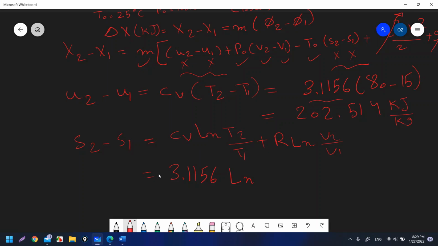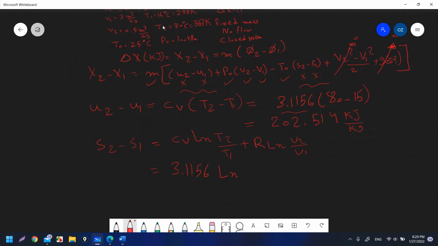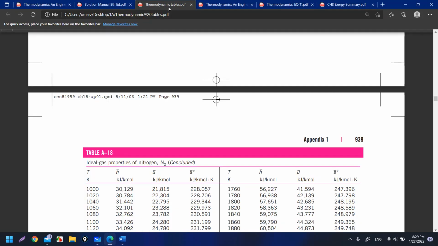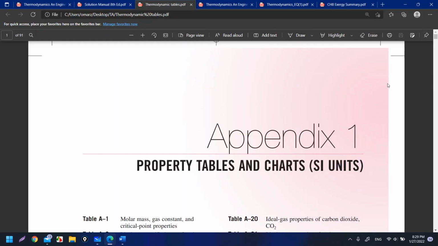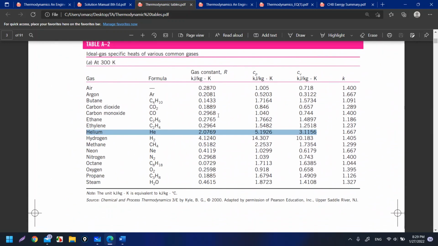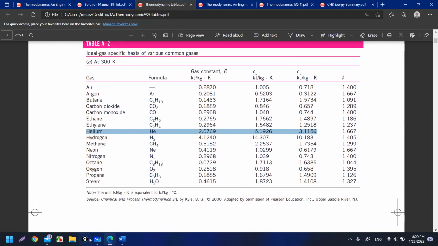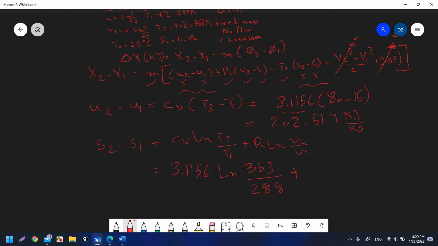Now it is not a difference, so you have to use the Kelvin. T2 is 353 over T1, 288, plus R from table A2, 2.0769, so we'll write 2.0769 ln V2, 0.5 over 3.